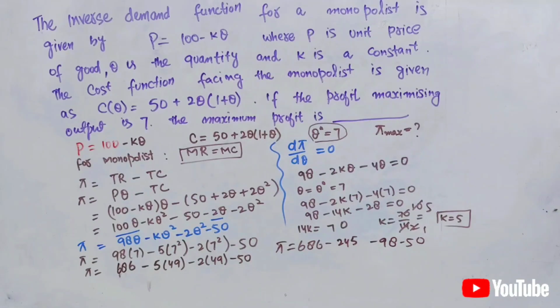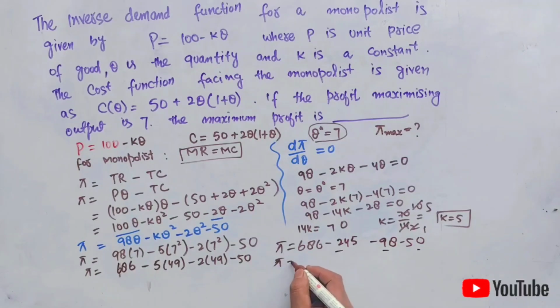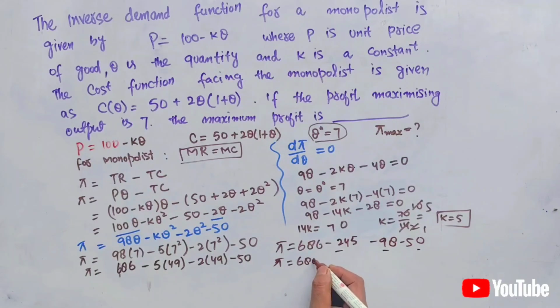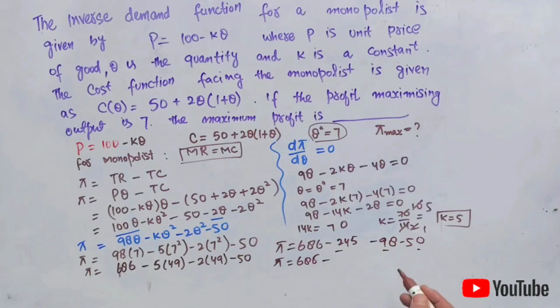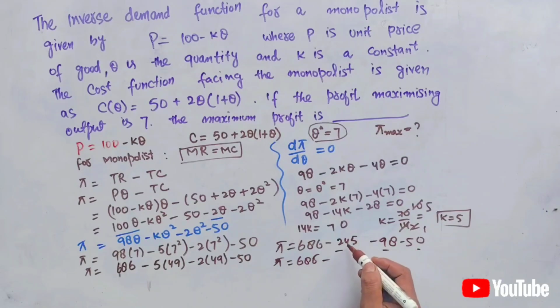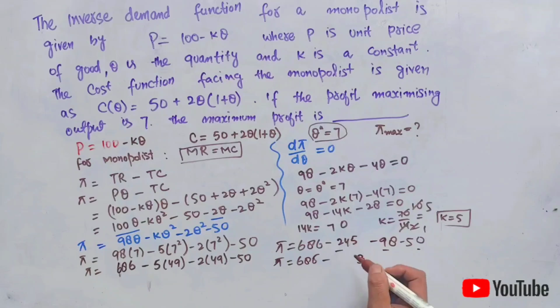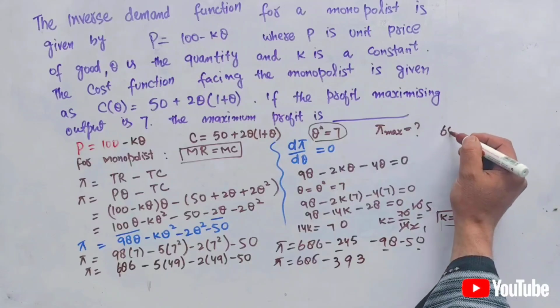Then we need to add these things, so profit will be equal to 686 minus, so we have 0 plus 8 plus 5, so here we got 3, then we have 2 times 3, so we have 686.